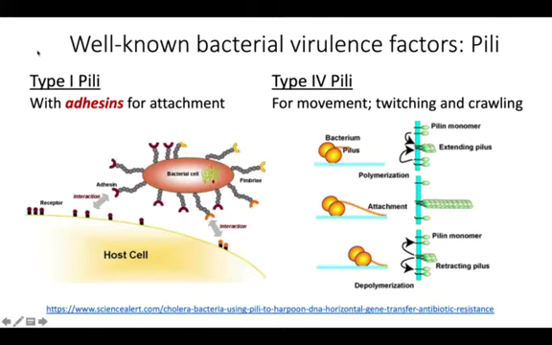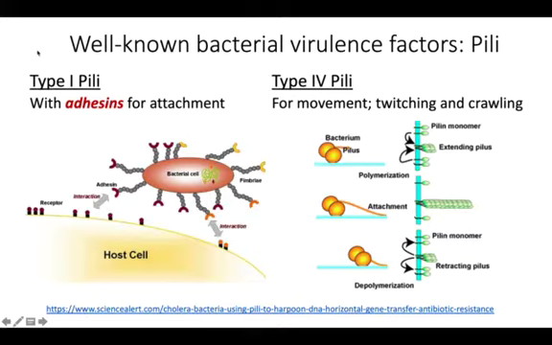Type 4 pili, yes, attach to a surface, but the pili is mainly used for movement. What happens in this case is that the bacterial cell will extend its pili, and then it will attach to a surface or to a cell, and then start contracting.